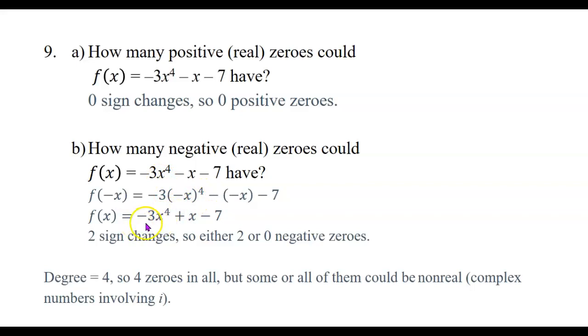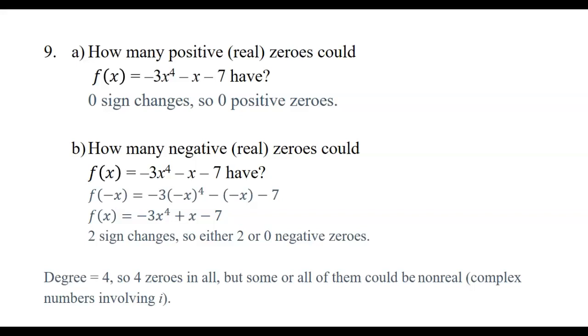So we get negative 3x to the fourth, and then minus a negative is plus x minus 7, and that has 2 sign changes, minus to plus and then plus back to minus. So that tells us that there are either 2 negative real zeros, or it might be 2 less than that, 2 minus 2, which is 0 of them.